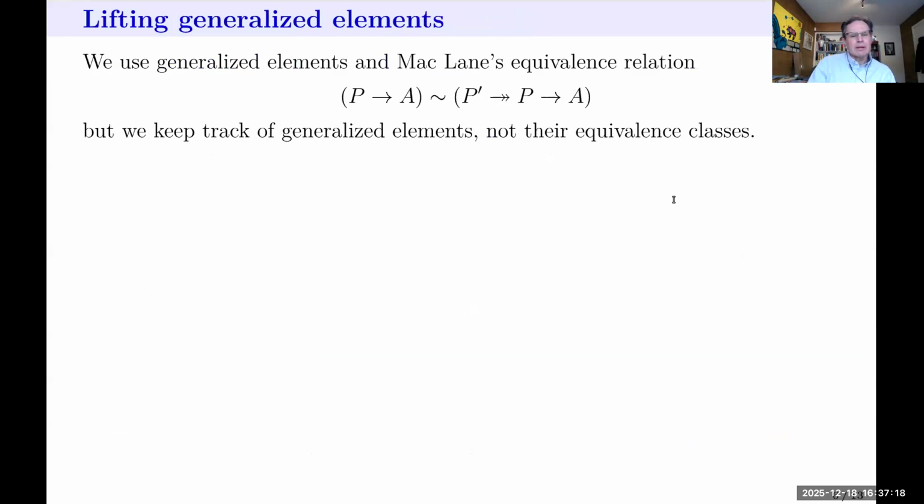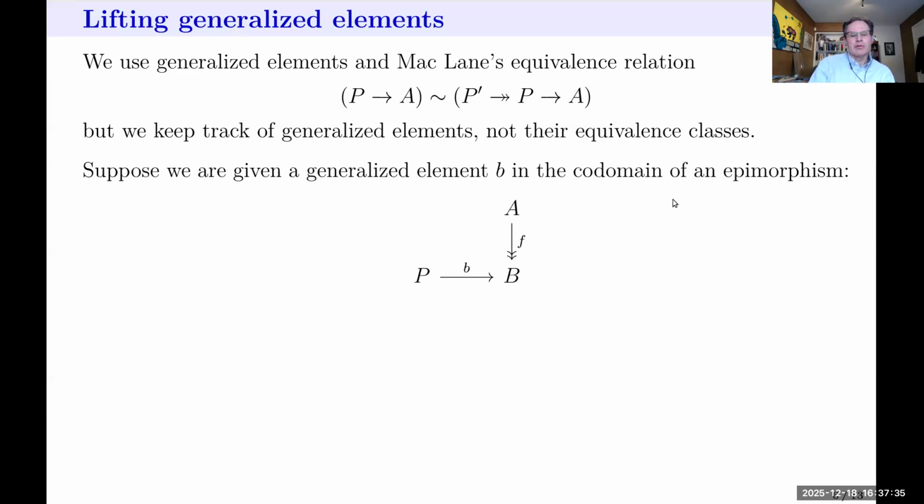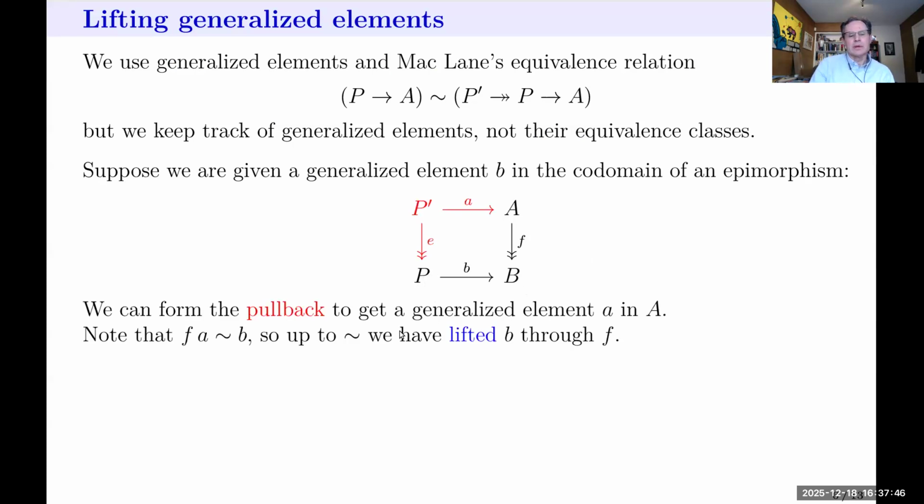So let's think more about MacLean's idea, because it's going to be the basis for what we do. What we're going to do is use this equivalence relation, but not work with the equivalence classes. Instead, we'll work with representatives. And the reason this equivalence relation is a good one is suppose you have a generalized element of B and you have an epimorphism. As we said, we don't expect a lift in this diagram. But if we take the pullback of this diagram, we'll get a picture like this.